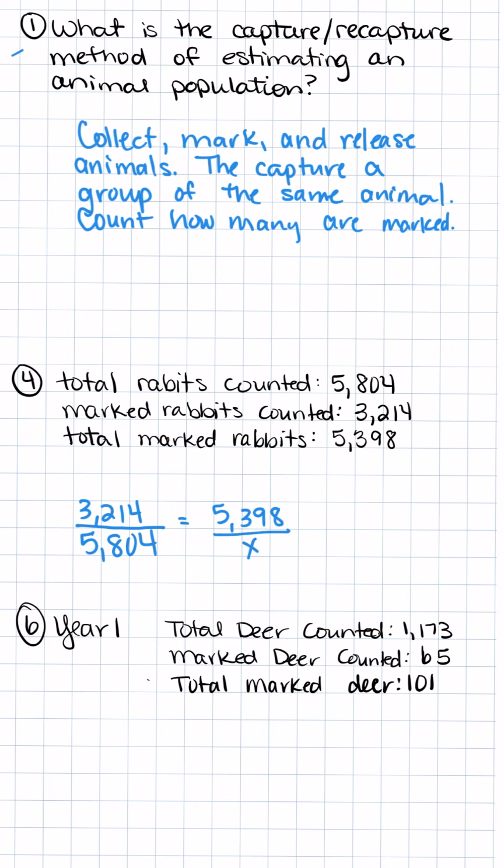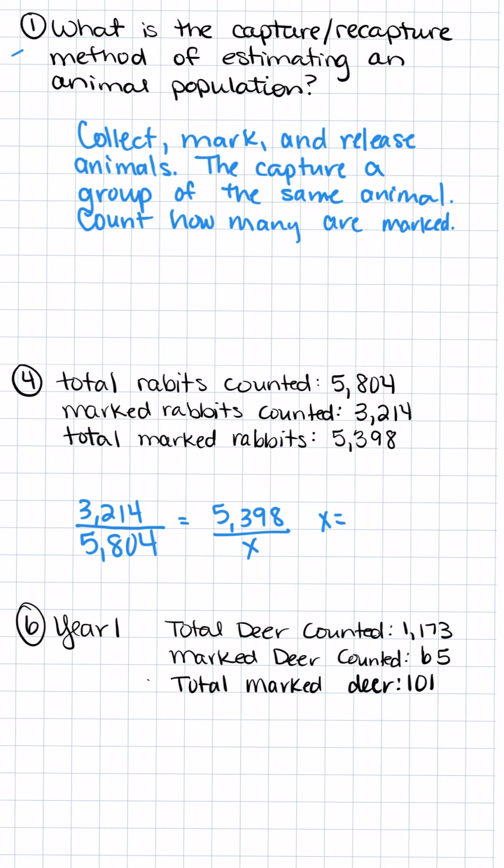What is the population? So we're going to multiply 5,398 times 5,804. And then take that number and divide by 3,214. And this comes up with a big number.